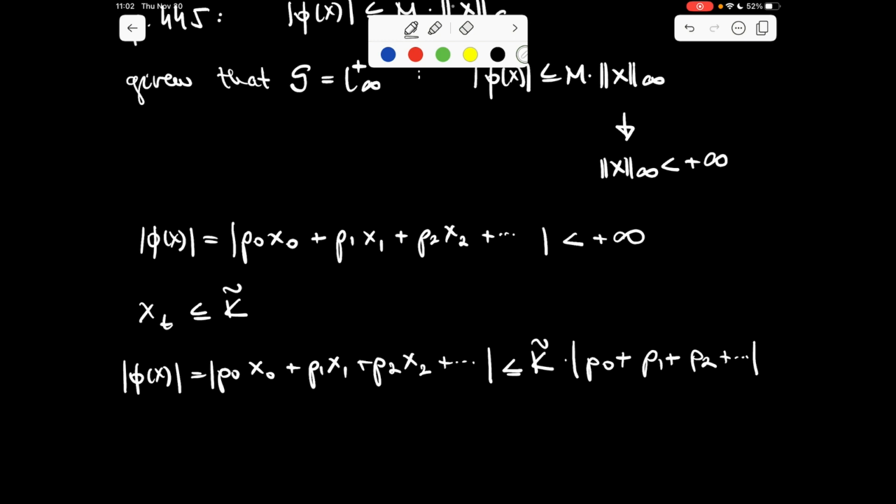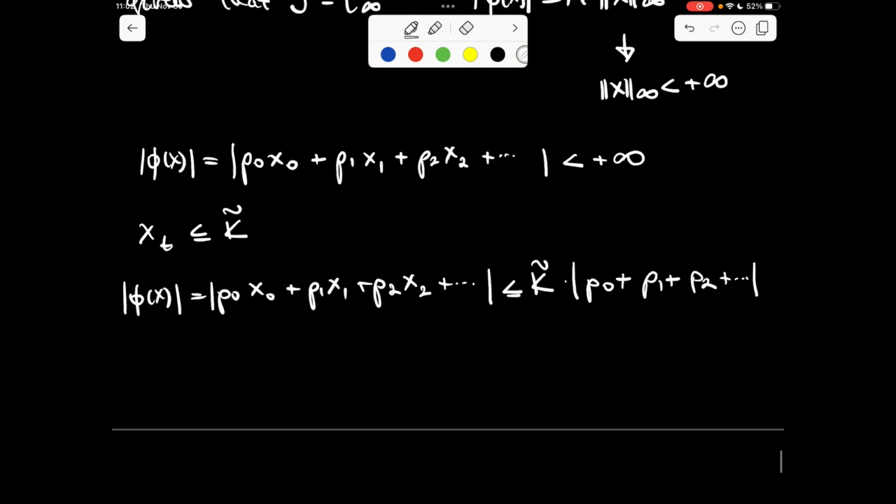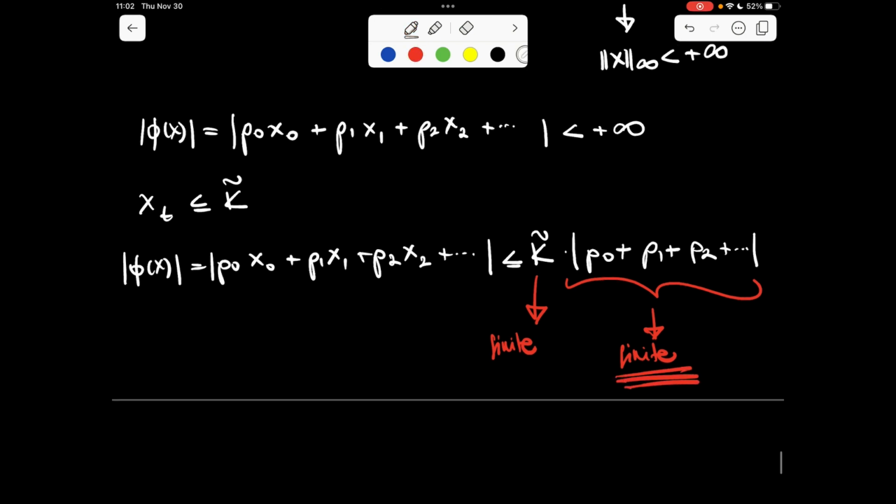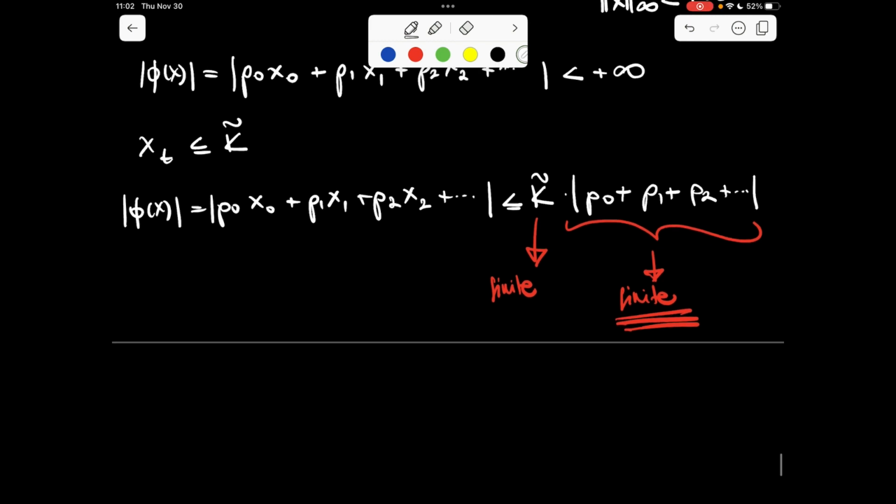Okay, so this is the critical part of the sum, because given that this is finite, to be finite, this sum must also be finite, and this is what we need to check.